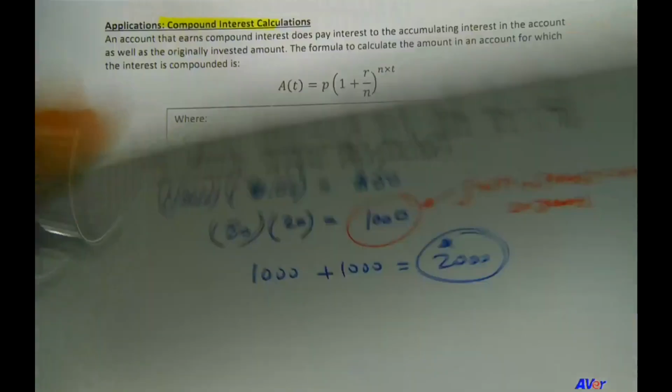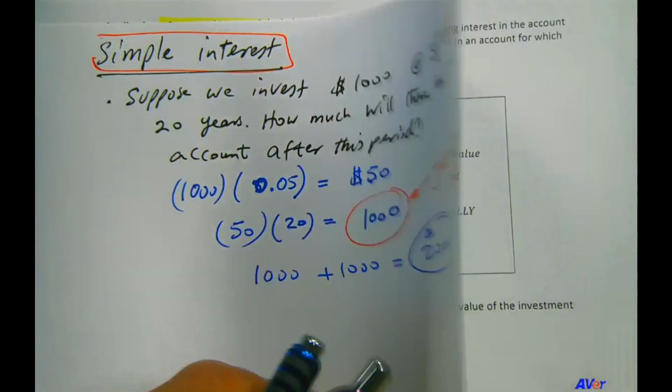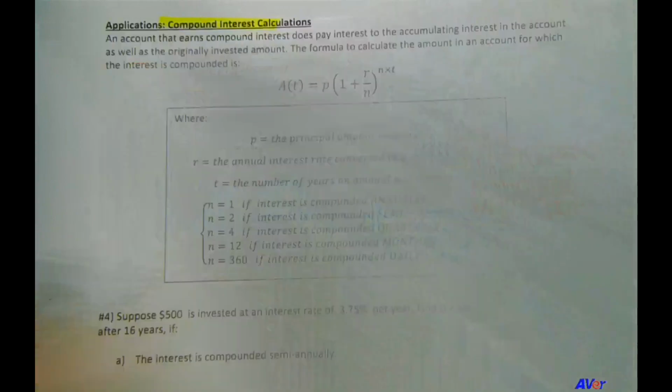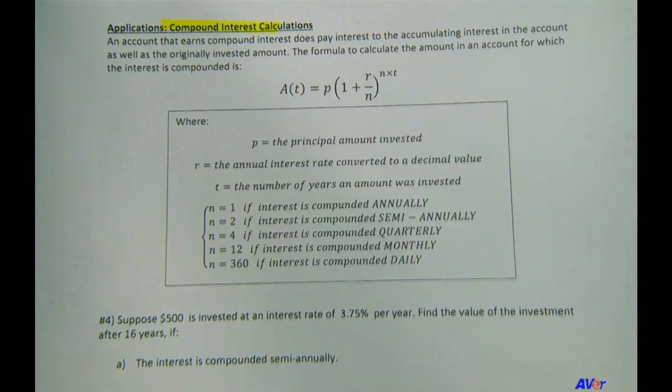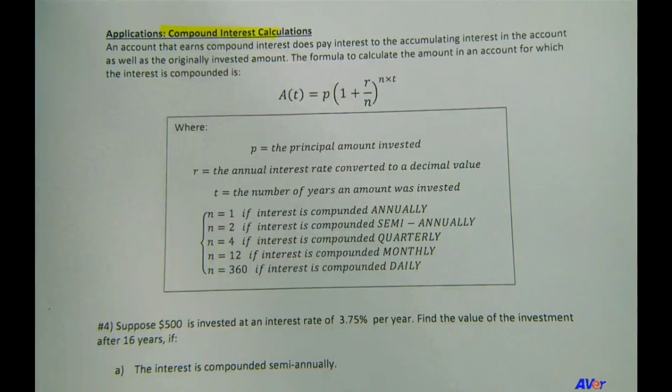Okay, but the compound interest is not like that. The compound interest is interest that applies to any amount that is in your account. If it's the principal, it applies to that. If it's principal plus interest from a previous year, it applies to that too.